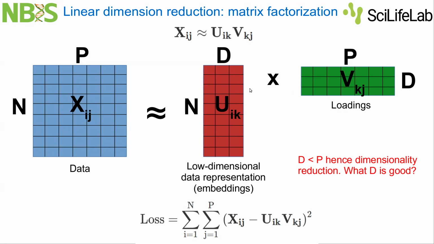What I'm showing here, strictly speaking, is how MDS algorithmically works. PCA does not do exactly this operation algorithmically, but conceptually it does something very, very similar. And there is a way to estimate the number of what are called latent variables, the principal components.